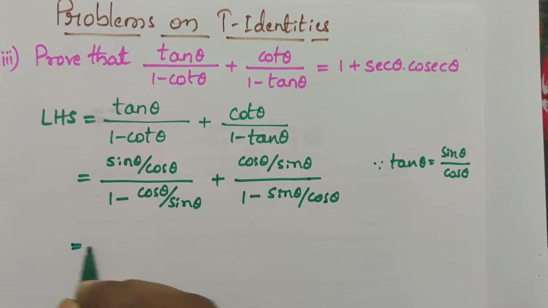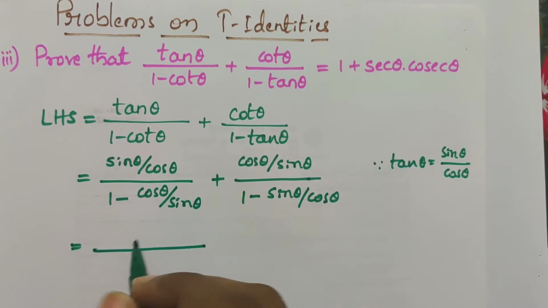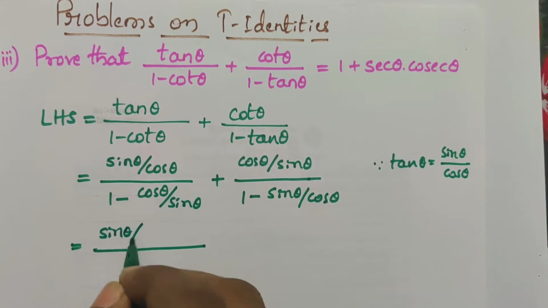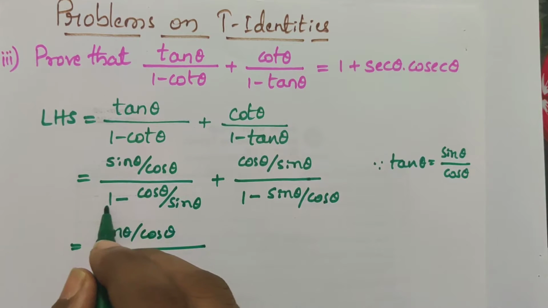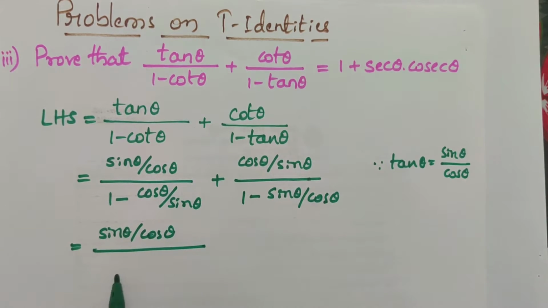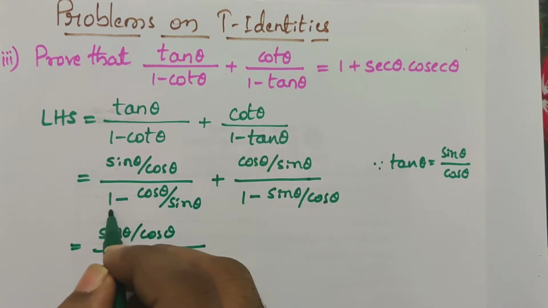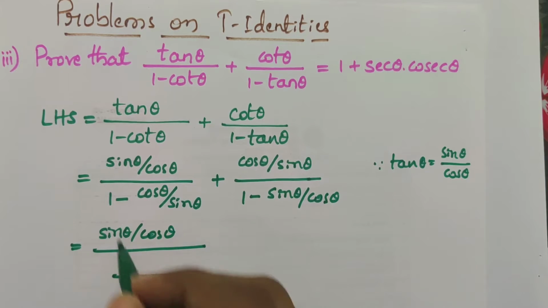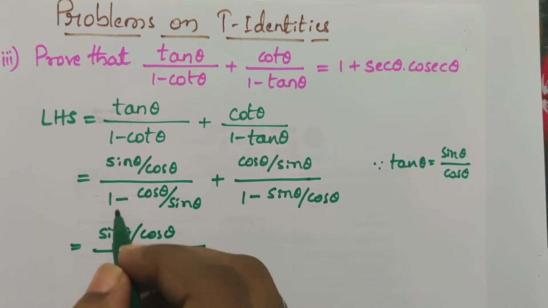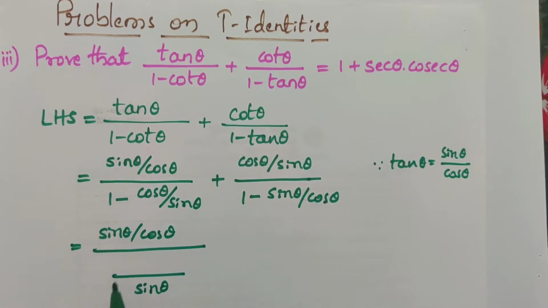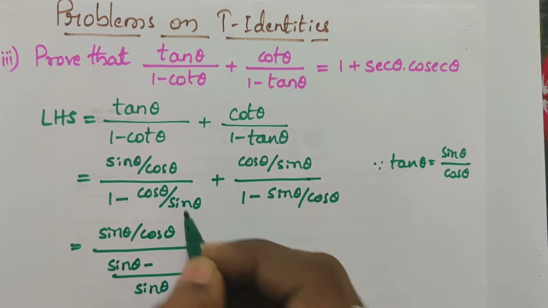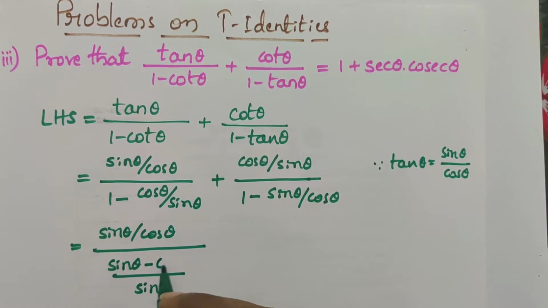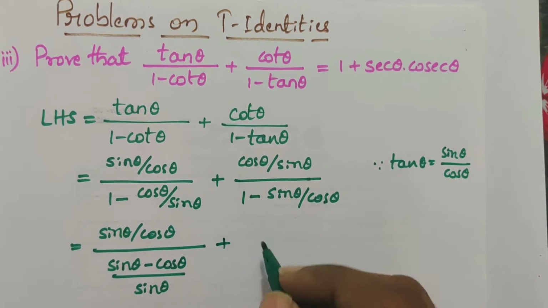So now we will keep the numerator as it is, sine theta by cos theta. In the denominator we can take the LCM. If you see, it is 1 by 1 and cos by sine, so the LCM will be sine theta itself. Now if the denominator is 1 and the LCM is sine, we should make the denominator equal to the LCM, so sine theta into sine theta. So we get sine theta minus cos theta, since for this fraction the denominator and LCM are the same, so cos theta will remain as it is, plus.